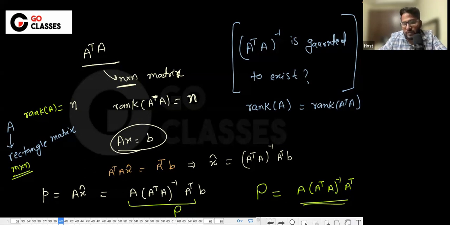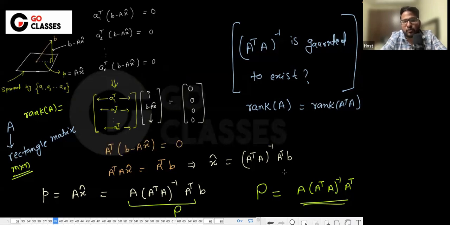See, this x cap is the same. We started from this, where we said, okay, let's just find out the projection. The projection is actually A x cap. And then we want to solve for this x cap. We want to know what this x cap is, which means what the projection is.